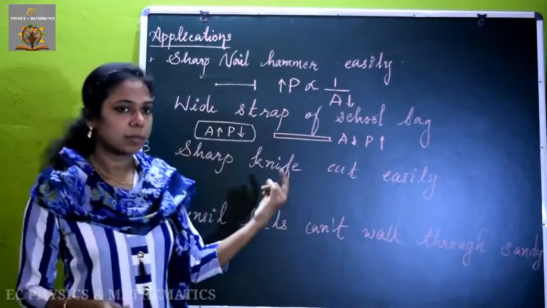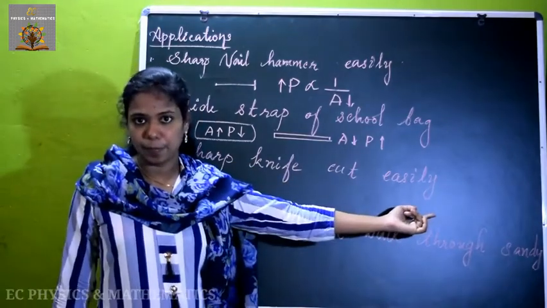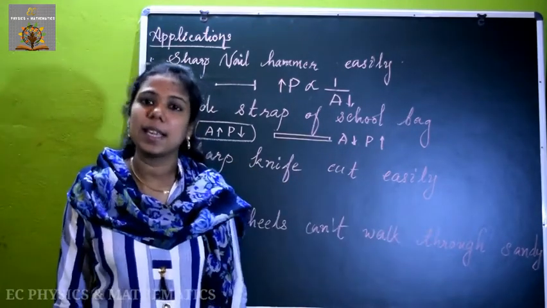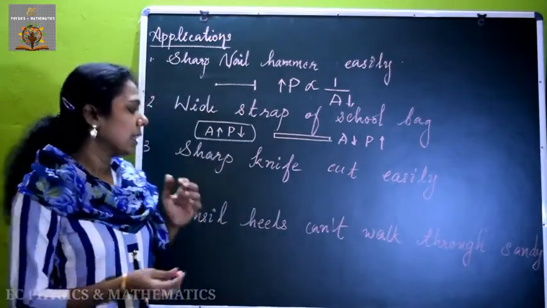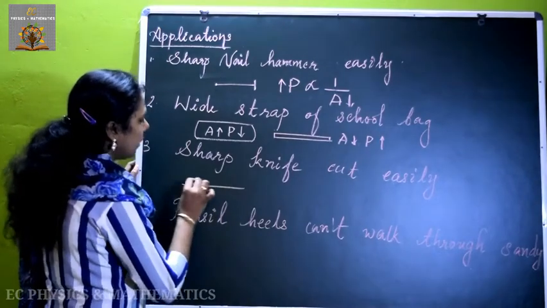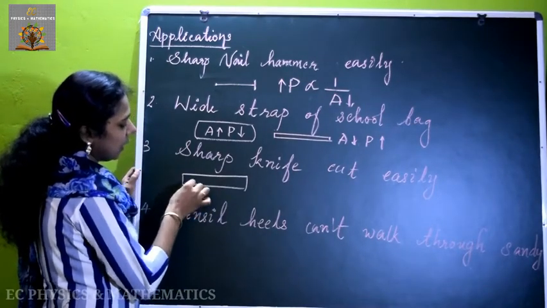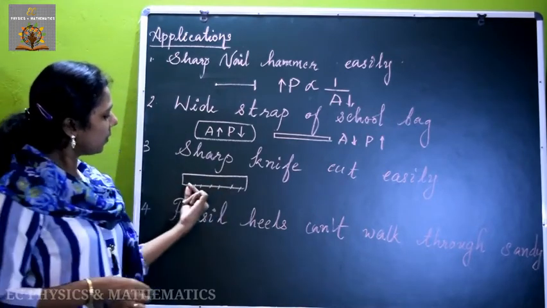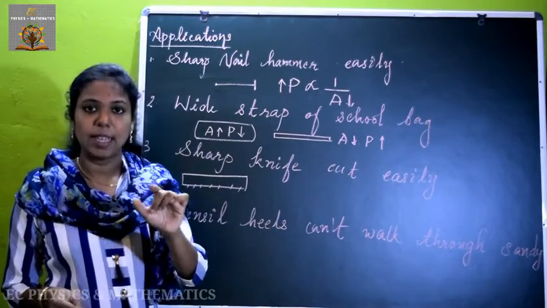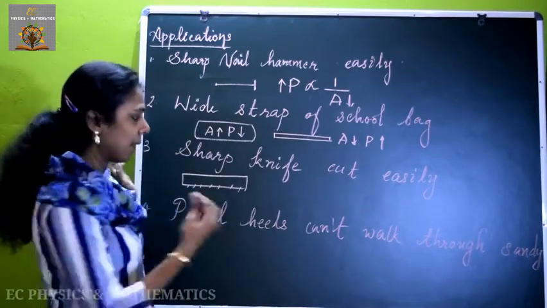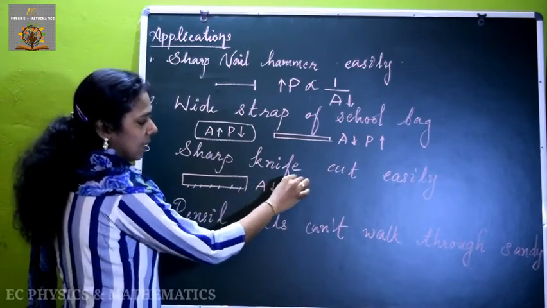Okay. Understood? Third one, a sharp knife cuts easily. In our kitchen we are using a sharp knife instead of a blunt knife. Why? The end of the sharp knife is sharp. This is the cutting end. The area of this end is less. If area is less, pressure is high.